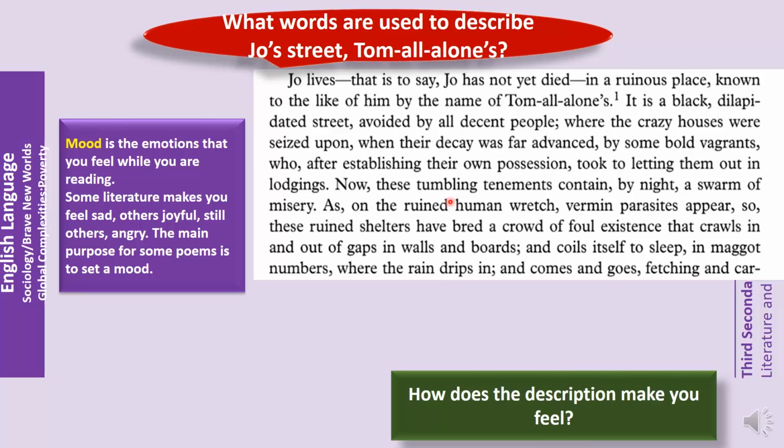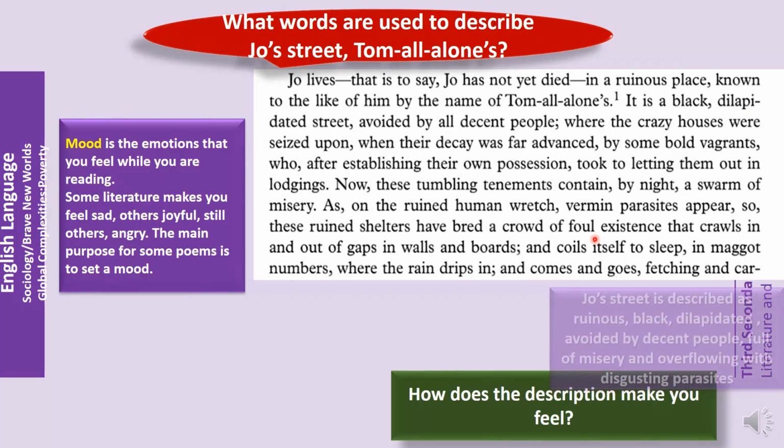Now these tumbling tenements contain by night a swarm of misery, as on the ruined human wretch vermin parasites appear, so these ruined shelters have bred a crowd of foul existence that crawls in and out of gaps in walls and boards and coils itself to sleep in maggot numbers where the rain drips in.